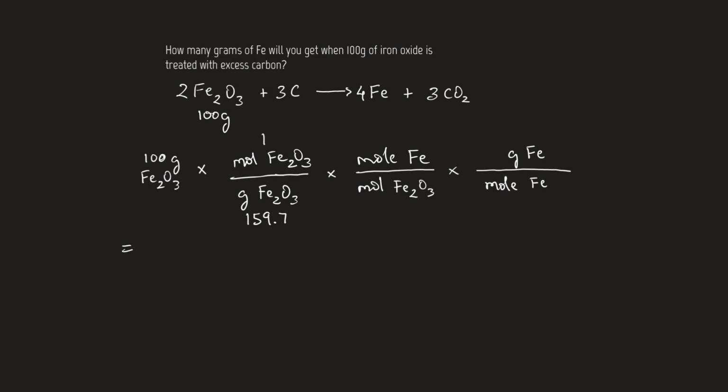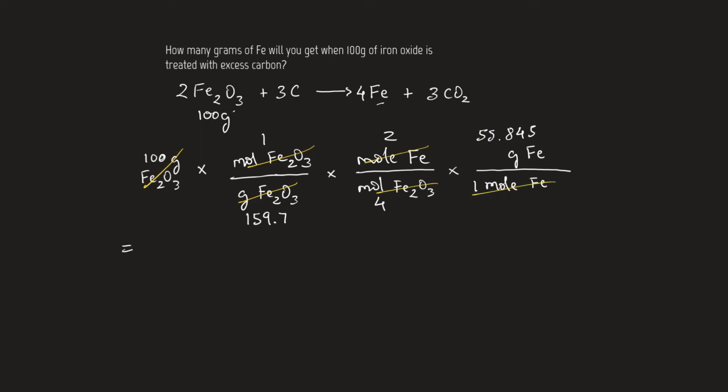Then I know that the mole ratio between iron oxide and iron is a 2 to 4 ratio. And I know that 1 mole of iron is 55.845. Now that you have all of your units set up, all you gotta do is make sure that you're able to cancel off all the units, like so.